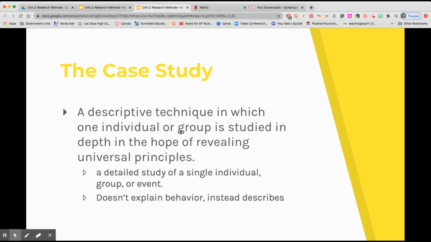So again, it's a very detailed study. Think of it almost like a story of what's going on with a single individual, group, or event. The goal of a case study isn't to explain the why. Instead, it simply describes the situation or the thing that person is experiencing.